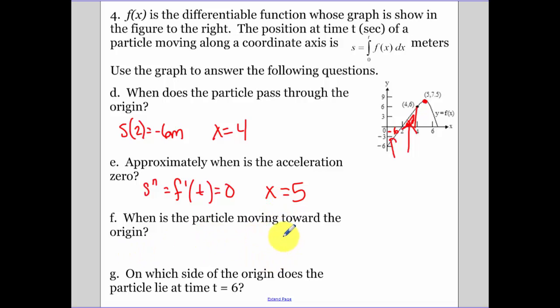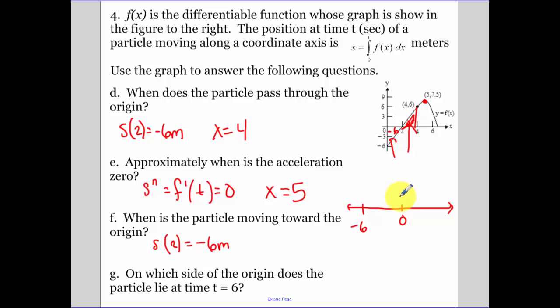Okay, when is the particle moving towards the origin? What you need to think about is, we've walked you through all of these questions. So remember, at s of 2, my position was -6 meters. Then remember, the areas started canceling each other out. So I start moving towards my origin. If you think about it on a number line, at time t equals 2, and the number line is your position, I'm over here at -6.